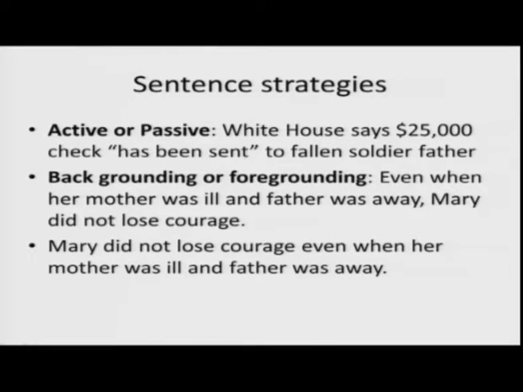So, why passive? There is a purpose. This sentence appeared in a context where there was controversy about a fallen soldier and compensation given to the family by the government.